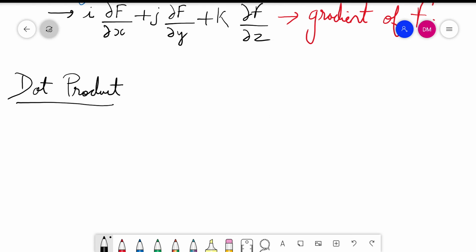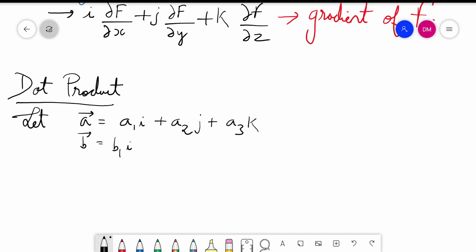Suppose a vector is equal to a1i plus a2j plus a3k, and b vector is b1i plus b2j plus b3k.